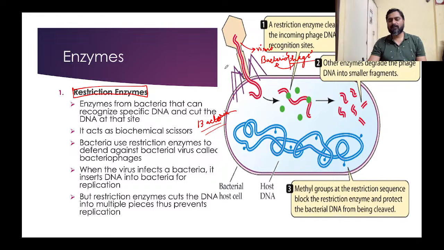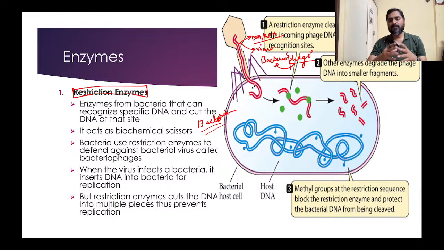What is this virus trying to do? This virus has some genetic material, which could be DNA or it could be RNA. They are sending this DNA down inside the body of the bacteria. This genetic material will try to multiply inside the body of the bacteria.